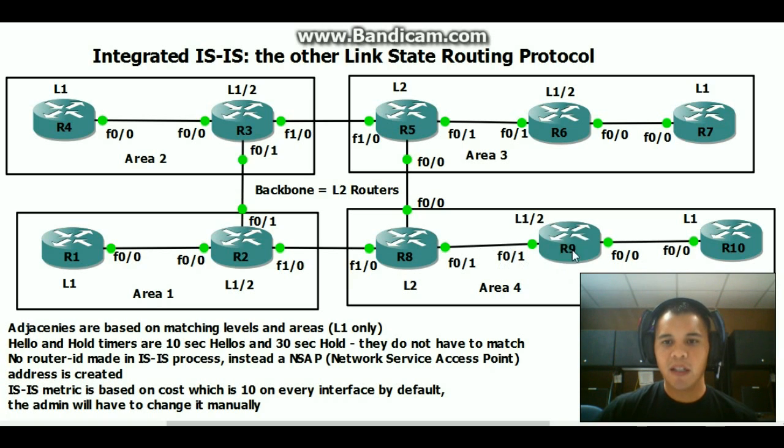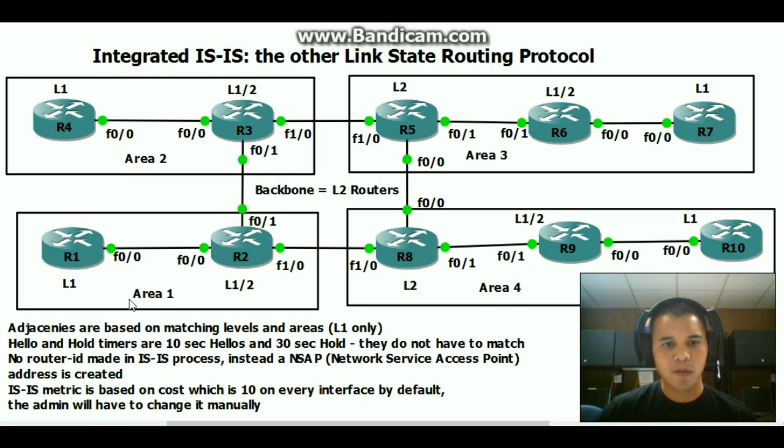If I didn't have this level 2 router right here, and I just had a link between a level 2 and a level 1 router, they would not form an adjacency. To bridge that, you have to have a level 1/level 2 router in between to be the middleman.